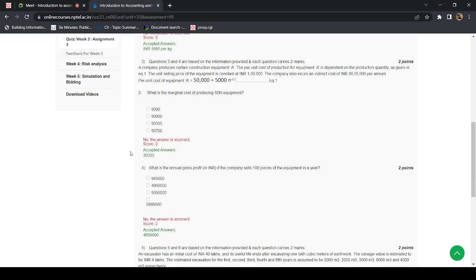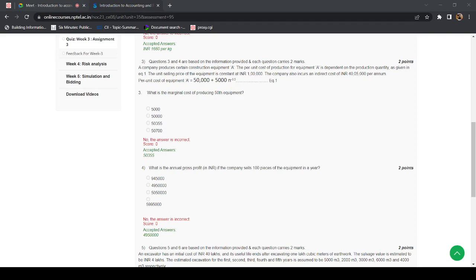In this question, you can see clearly that you have been given per unit cost, and you have been given unit selling price, right?